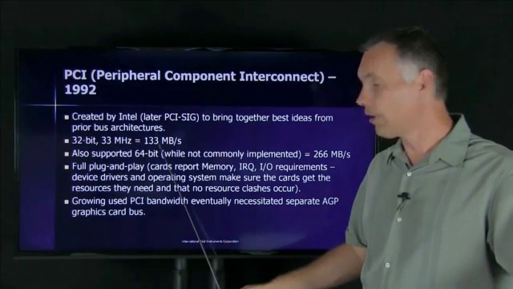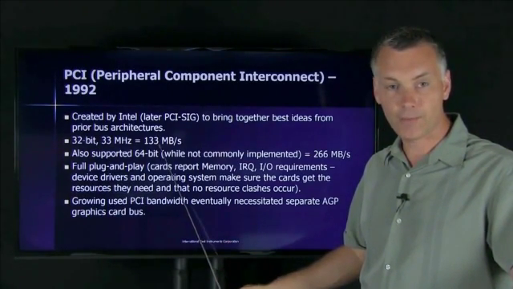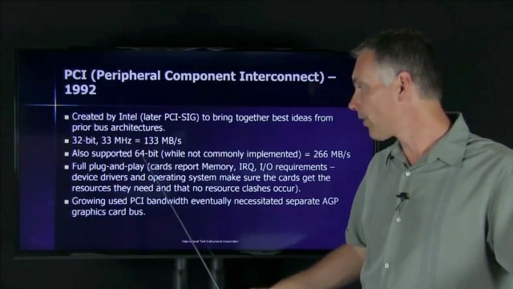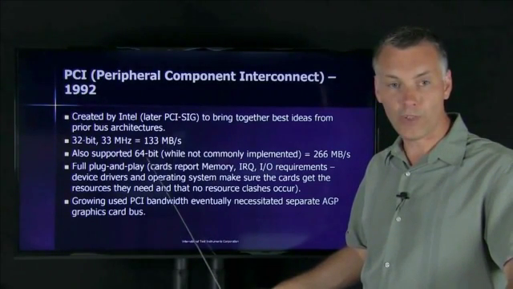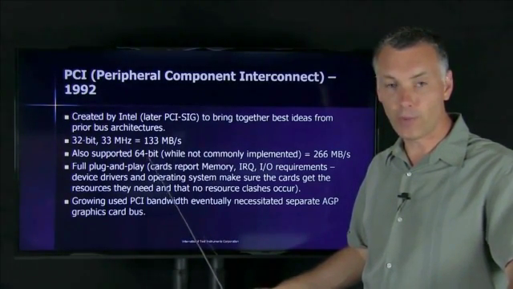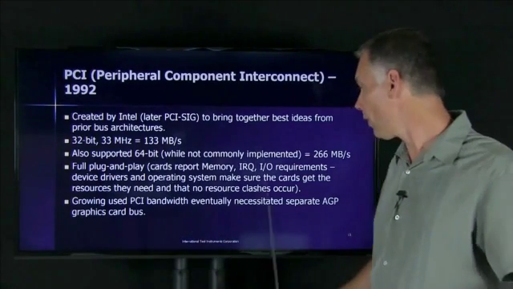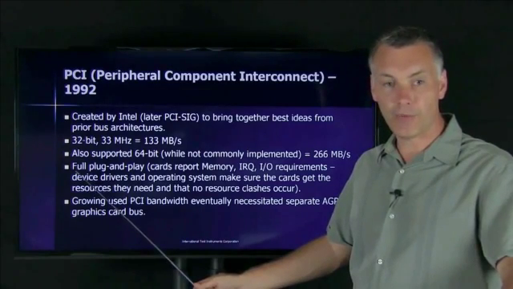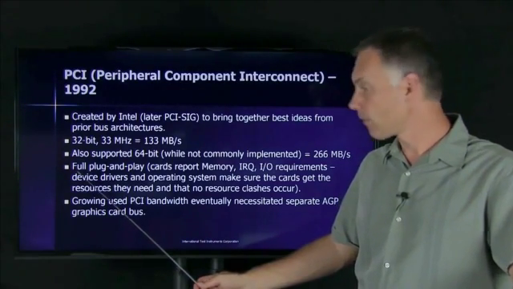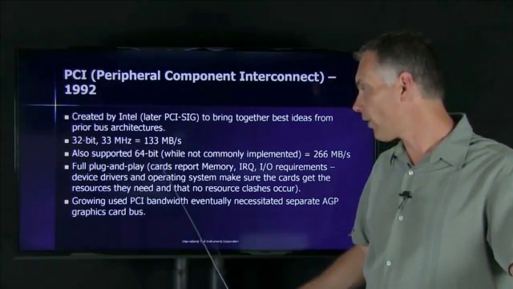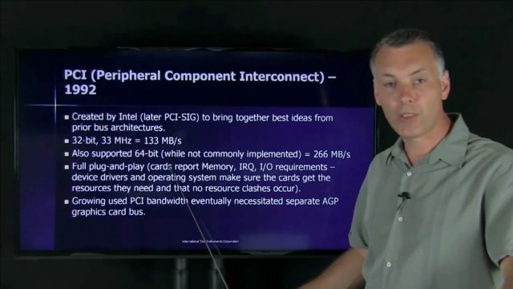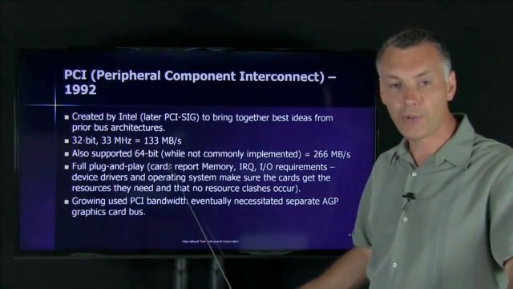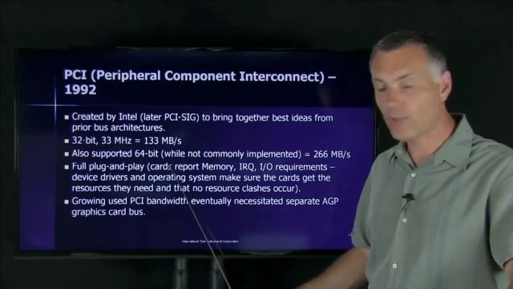The bus runs at 133 megabytes per second. 64-bit data width was supported, although not commonly implemented because of cost on the target platform. One major feature was full plug and play. The way this works is that cards report their memory and other resource needs to the operating system.